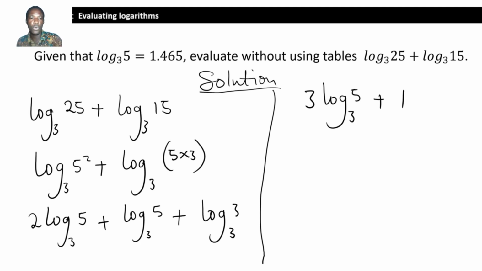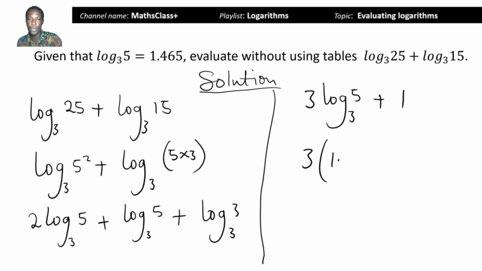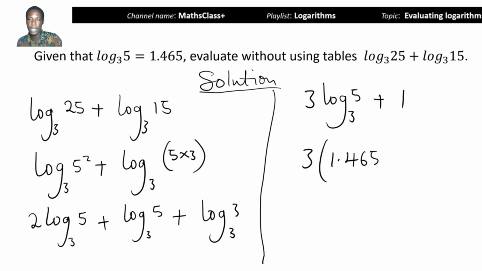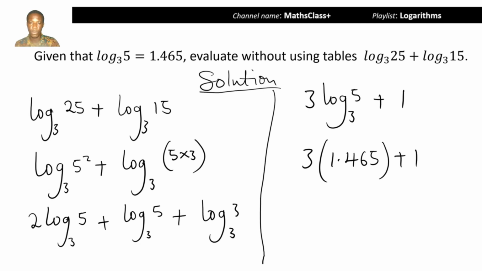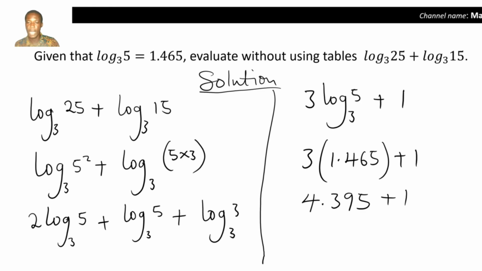And then we know log 5 to the base 3 to be 1.465. So in place of log 5 to the base 3, we are going to substitute 1.465. So this gives us 3 multiplying 1.465 plus 1. We get 4.395 plus 1, and that gives us 5.395 as our answer.